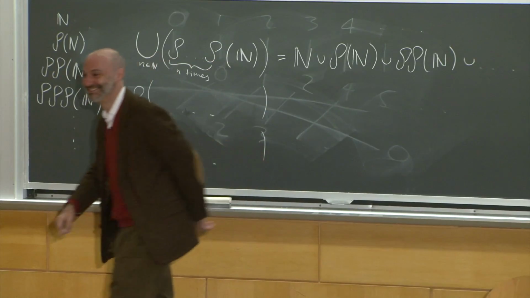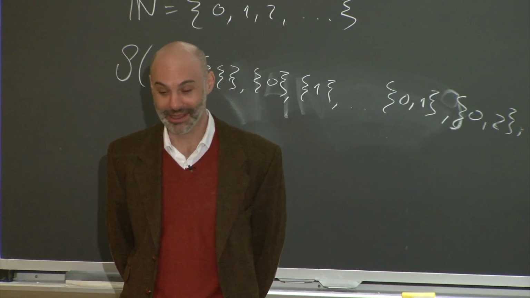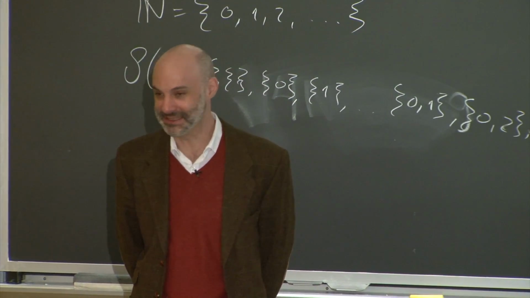Why is it a finite number of nestings, for all of the power sets? I don't know what an infinite one would be, but how does it end? Right. In fact, it's good that you don't know what it would be because in ordinary set theory, it doesn't even make sense.